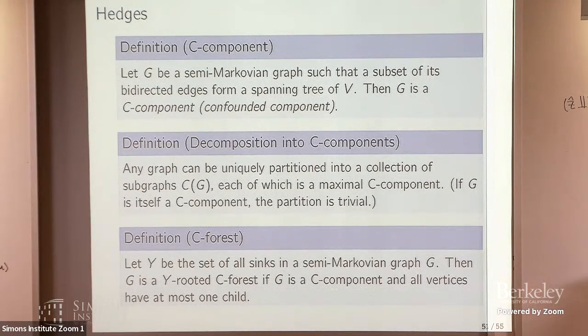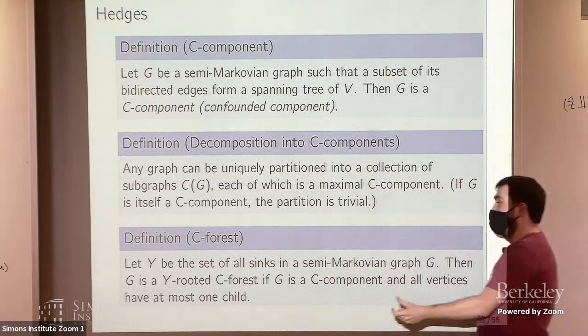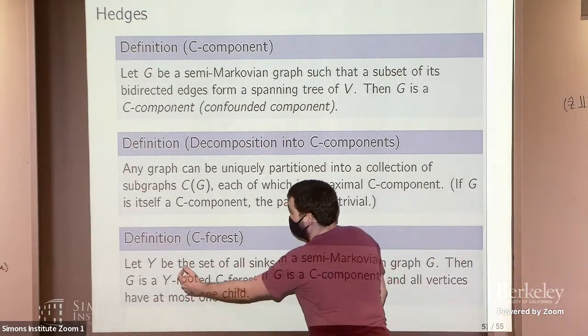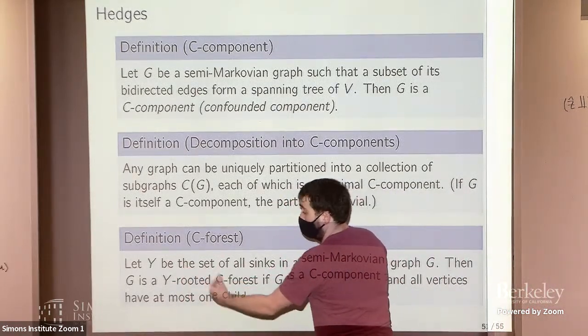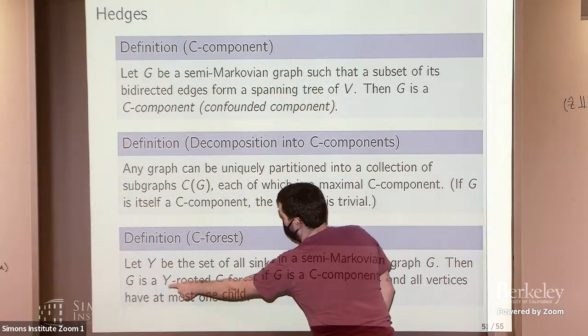So what is a C-forest? It's a C-component that is also a forest with respect to visible edges. A Y-rooted C-forest means that it's a forest where the roots of the forest are in the set Y.